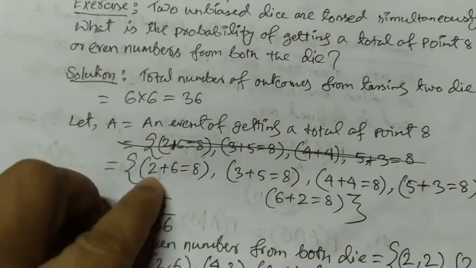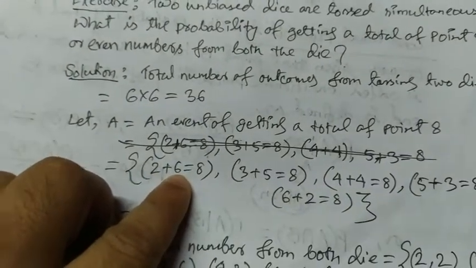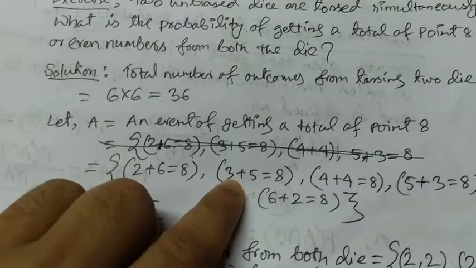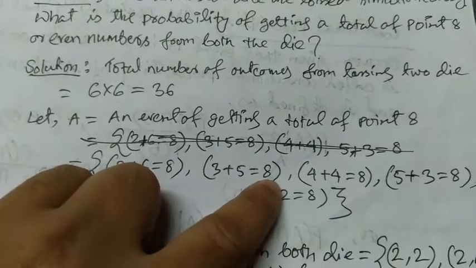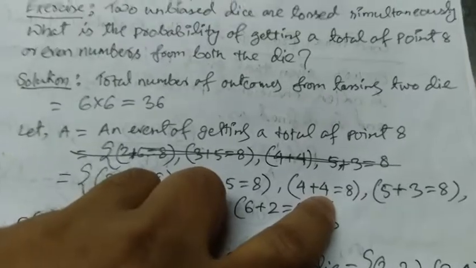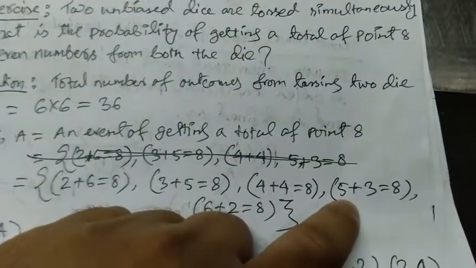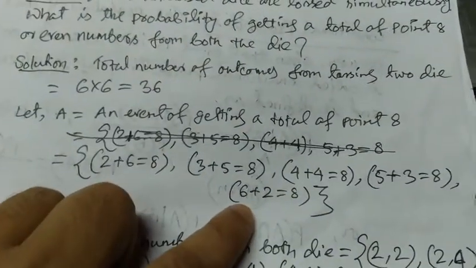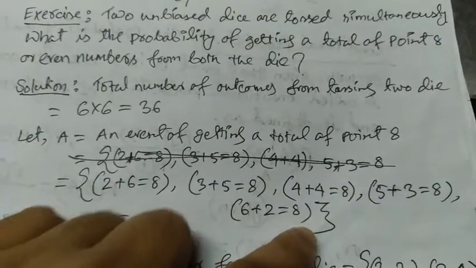If we get 2 from the first dice and 6 from the second dice, the summation is 8. Again, if we get 3 from the first dice and 5 from the second, the summation is 8. If we get 4 and 4, the summation is 8. If we get 5 from the first dice and 3 from the second, the summation is 8. If we get 6 from the first and 2 from the second, also the summation is 8.